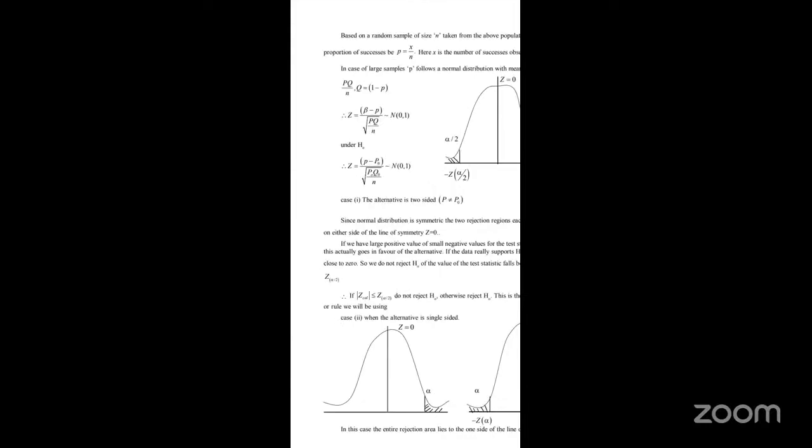The mean is P and the variance is PQ by n. Z equals the sample proportion minus the population proportion P naught, divided by the standard error, the square root of PQ by n.